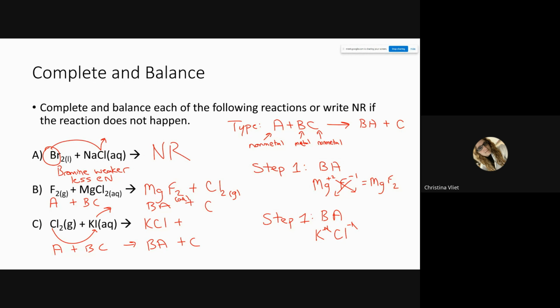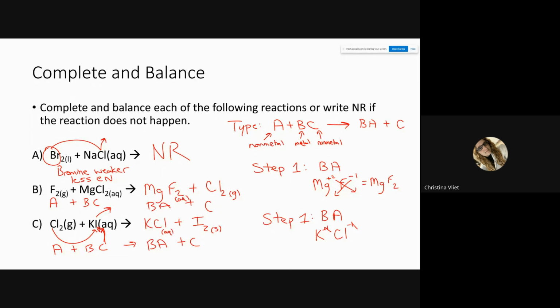What's my other product? It's iodine, right? The last part, that's the C. So what's iodine when it exists by itself? It's part of the 7, and it is solid. Finally, what's the state of matter for KCl?